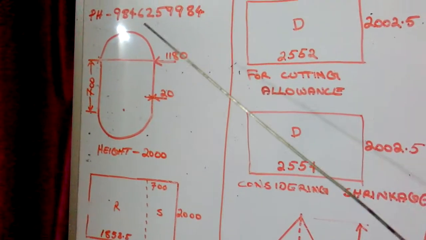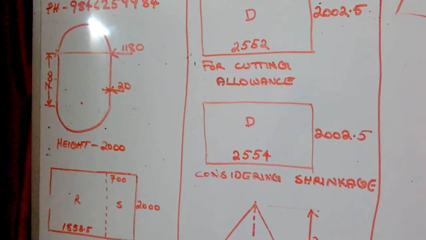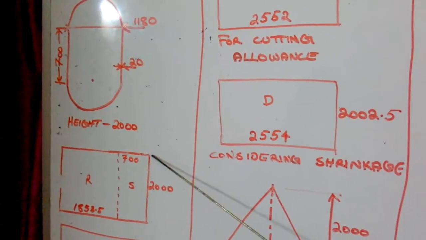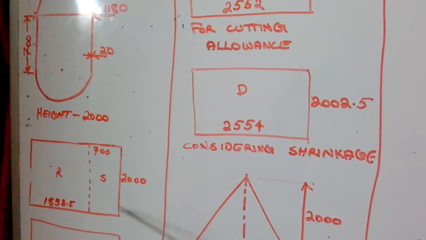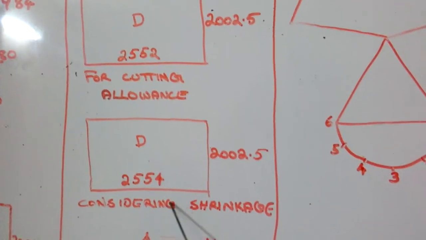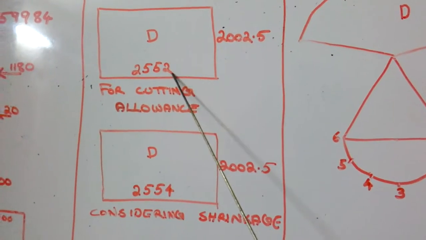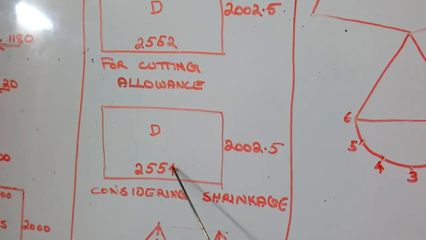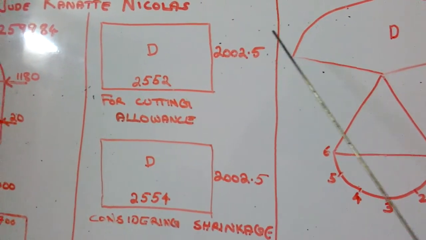In this job, the drawing didn't indicate welding on the top side or the bottom side, but welding comes on this side and this side. So we have to add 2 mm to 2552, making 2554, but there is no need to add 2 mm to 2002.5.